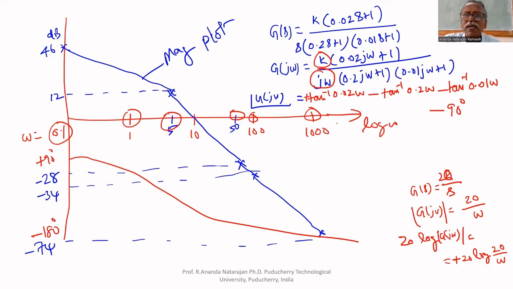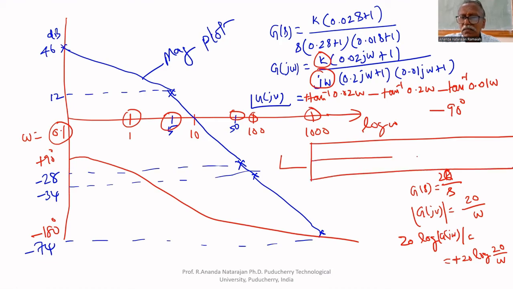Substitute and get some four or five values between 0.1 and 1000. At 0.1, what is the angle? You form a table like this: omega and angle of G of j omega. We have to find it for 0.1, then for 5, then for 50, 100, 1000. And omega equal to 1 also you have to find.